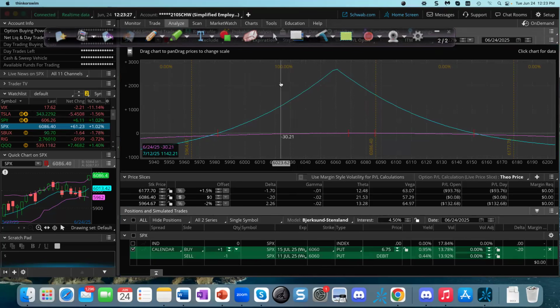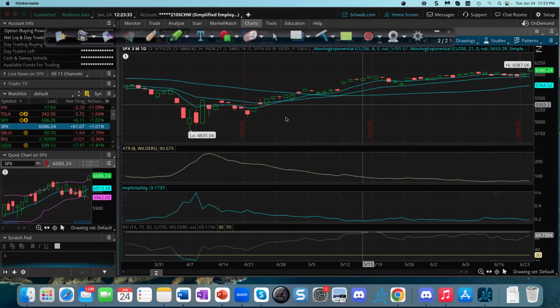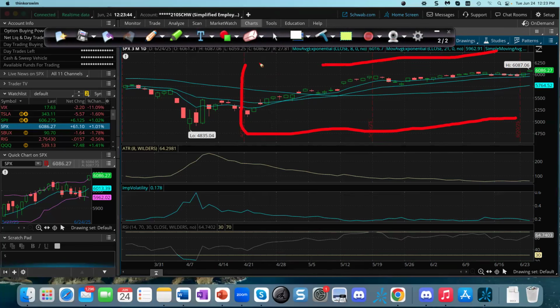A lot of times we've been going up lately, right? If you look at a price chart of SPX over the last 2 months or so, we've basically been going up, right?